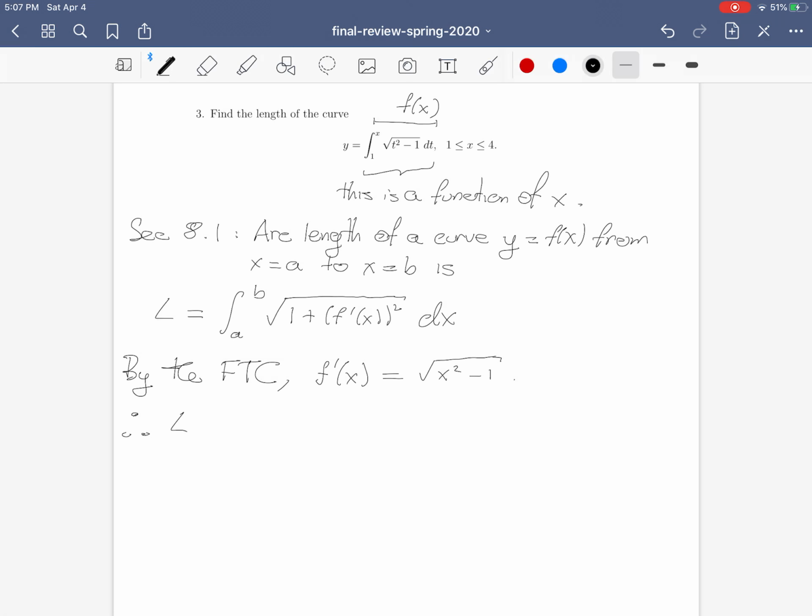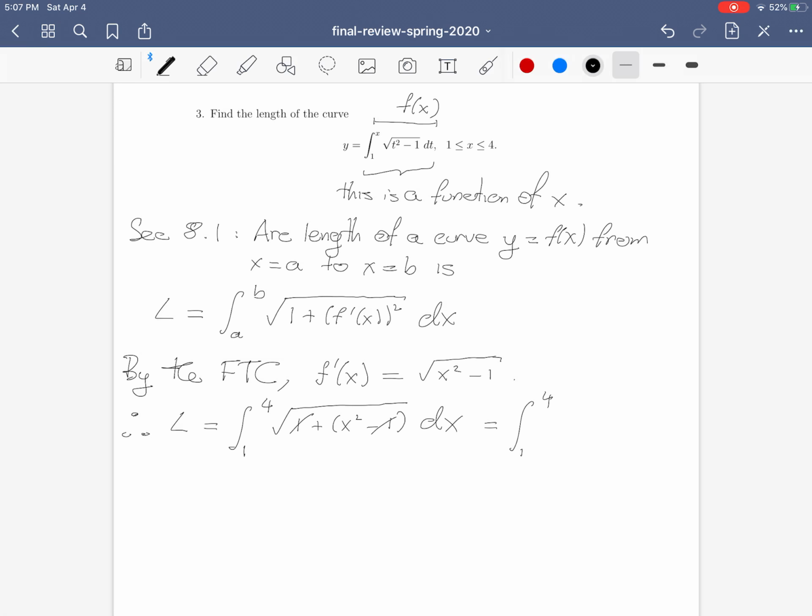Now we can go ahead and calculate the arc length. The arc length is equal to the integral from a to b. In our case, we're told that a is 1 and b is 4, coming from here. Now we have the square root of 1 plus f primed of x squared. If I square f primed of x, I get x squared minus 1 dx. My 1's cancel.